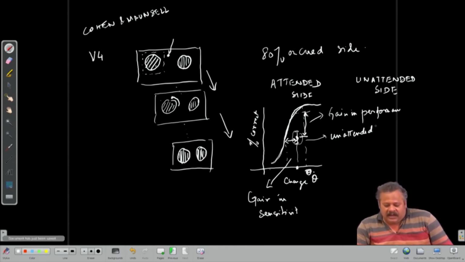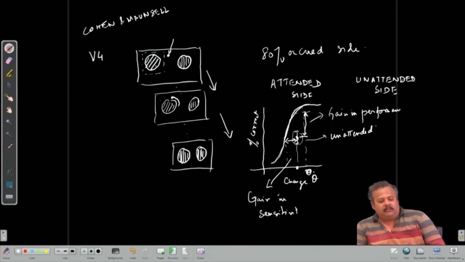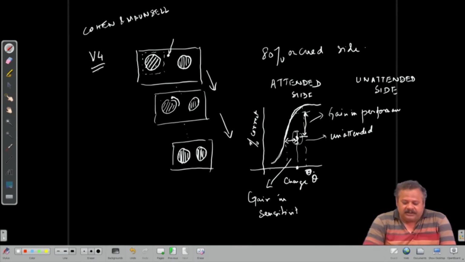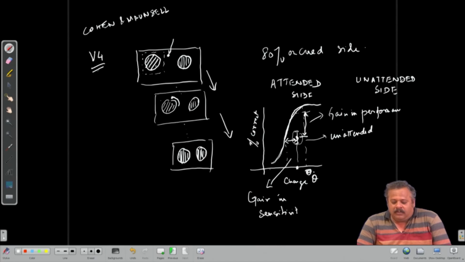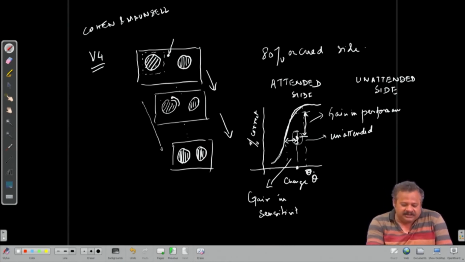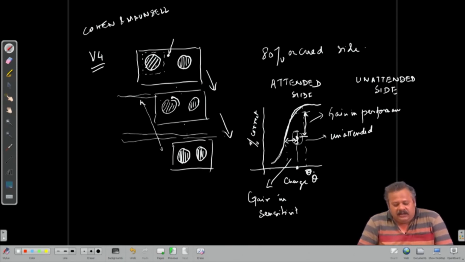Along with this, they were recording from V4, as mentioned, from multiple neurons simultaneously while the monkey was performing this task, and they were being shown these images. So, in this particular period just before the change detection is happening, they were looking at the firing rates of multiple neurons from V4 simultaneously.